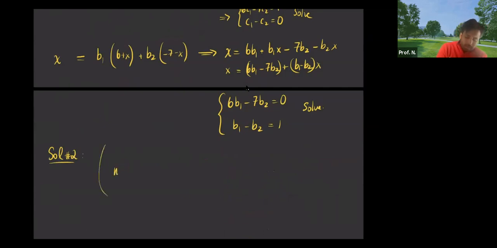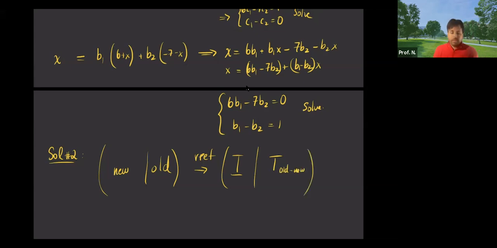Again, I go from new to old. Row reduced echelon form, and I should get the identity, and the transition matrix from old to new. So I could do it this way as well.